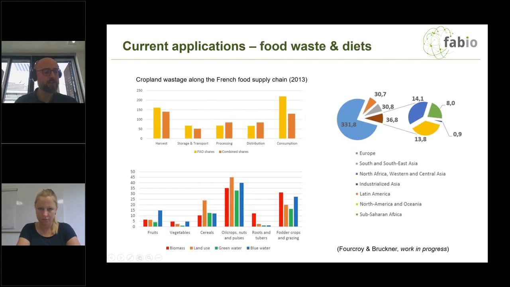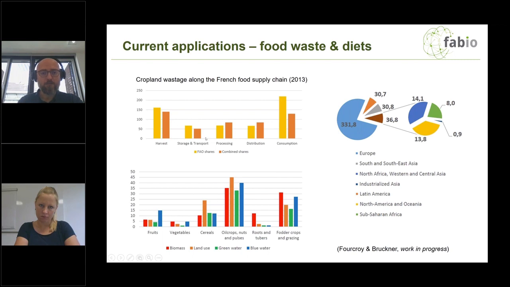Okay, another application that we are working on is food waste and diets. Master student Elena Foucroy was doing her thesis on the footprint of French food wastage.